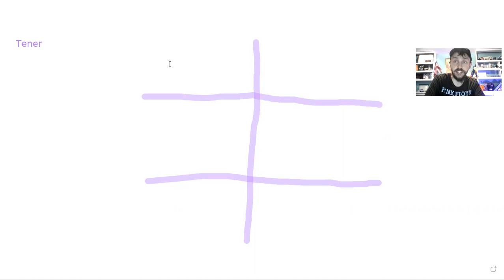Now, tener has an irregularity in the yo form. There are some Spanish verbs that have irregularities in the yo form. You got to be very careful here. Yo tengo.